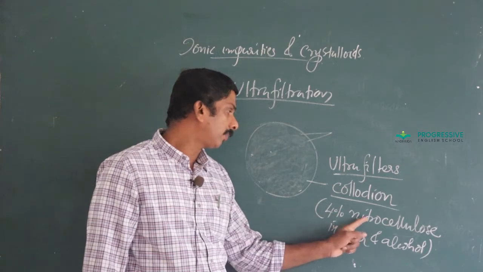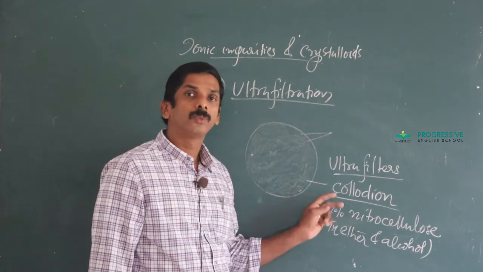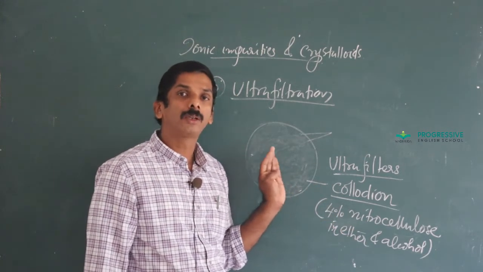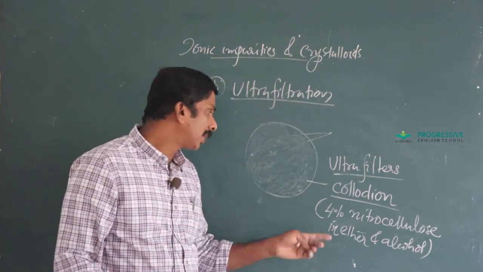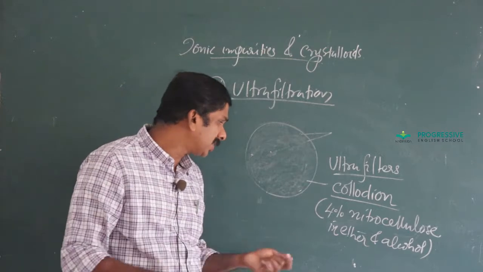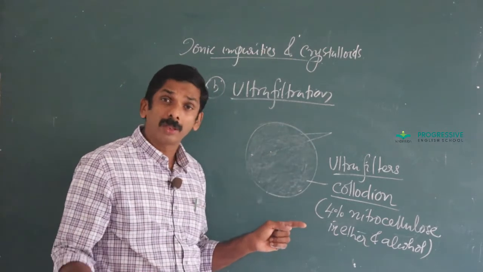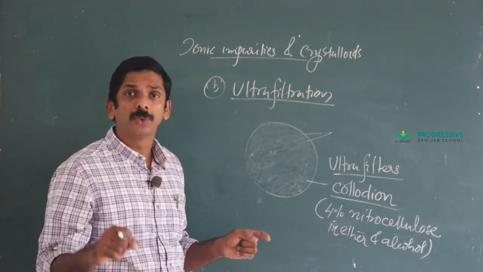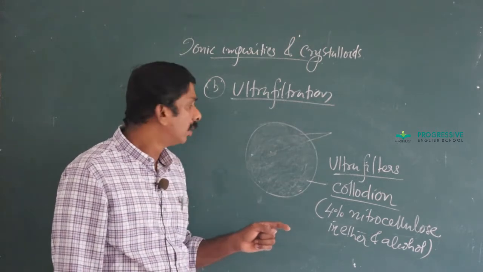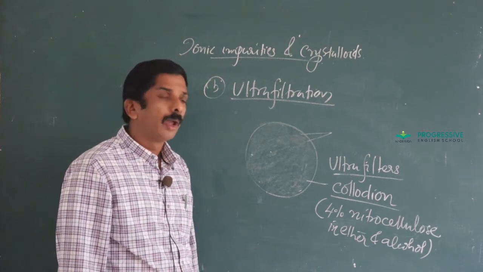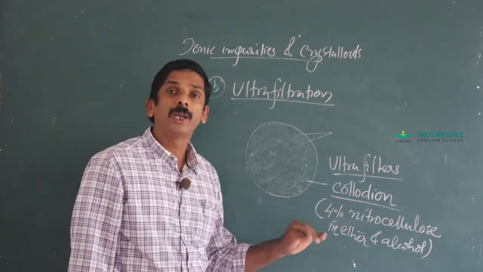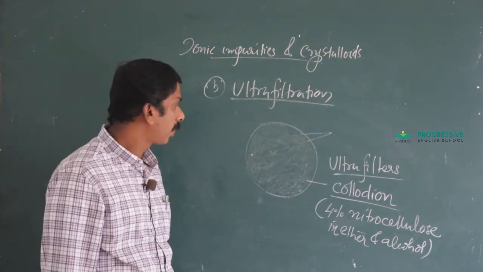If the proportion of nitrocellulose varies, they cannot be used as ultra filters. When this mixture is pasted over ordinary filter paper, that filter paper can be used for the filtration of colloid. Such filters are called ultra filters. And normally it is made hard by using formaldehyde.